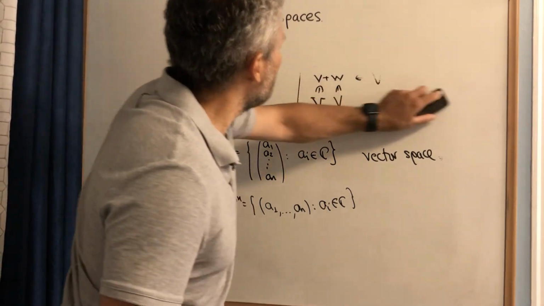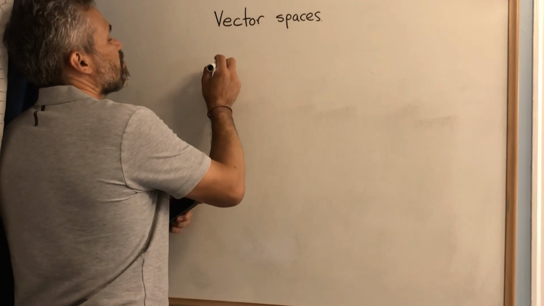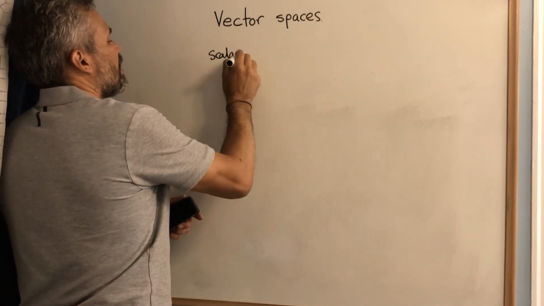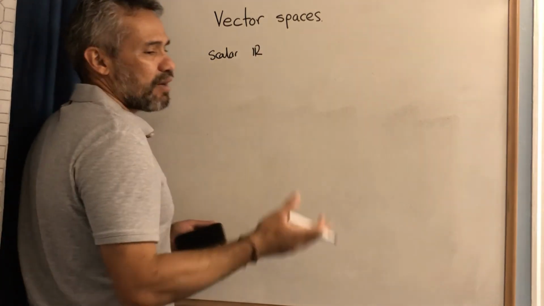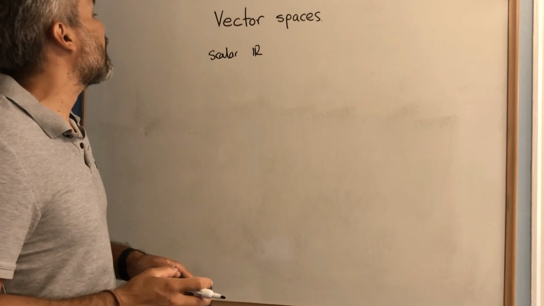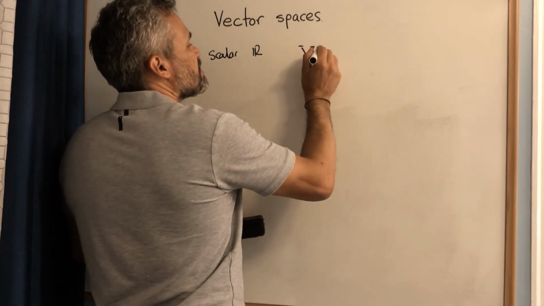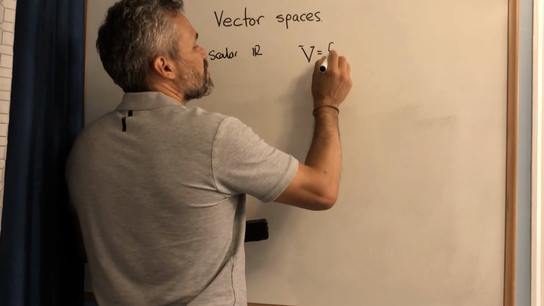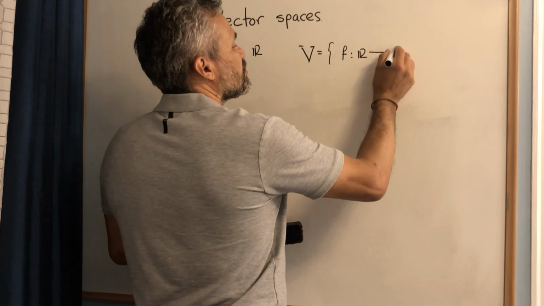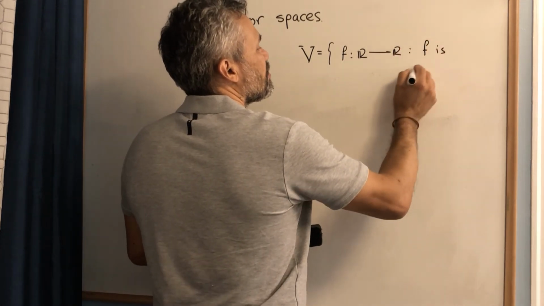Also, let's do another example. For this example, let's suppose that our scalars are the real numbers. Usually our scalars are going to be either the real numbers or the complex numbers. And let's take this vector space, which is the collection of functions from the real numbers to the real numbers, such that f is a function.